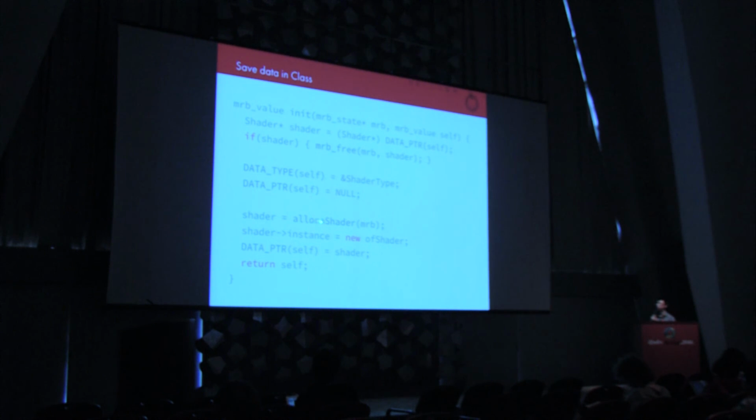Next, we allocate the shader, create our pointer, and set it to this class. Now you can write other required classes for Ruby, and you can embed C and Ruby in openFrameworks.